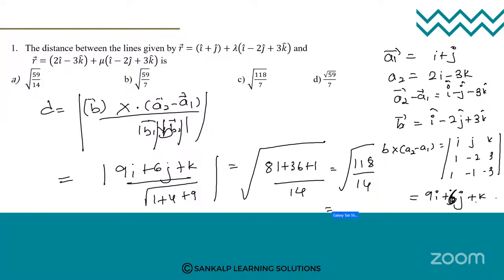So if I cancel this, how much will I get? 59 by 7. So root 59 by 7 is our answer. Which option? Option B. Don't get confused between option B and D. In D, there is no square root for 7, but 7 will come under the square root only. So please don't get confused.